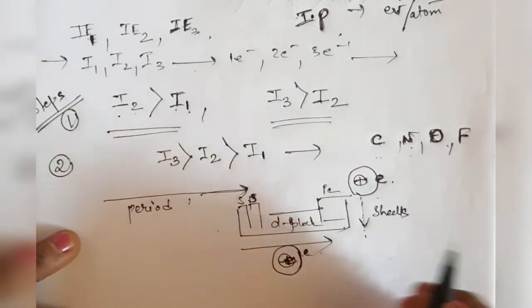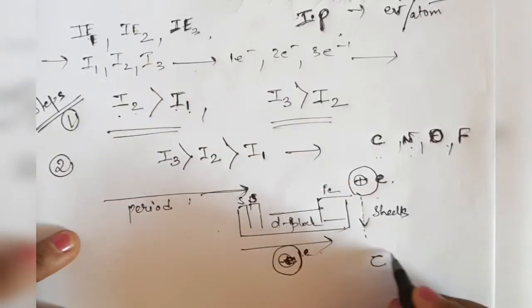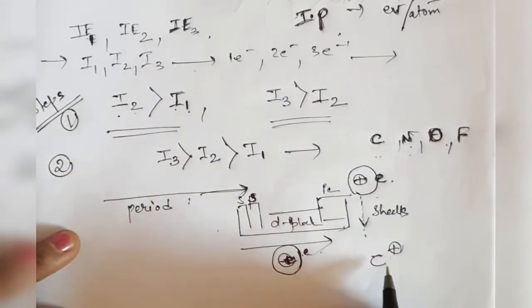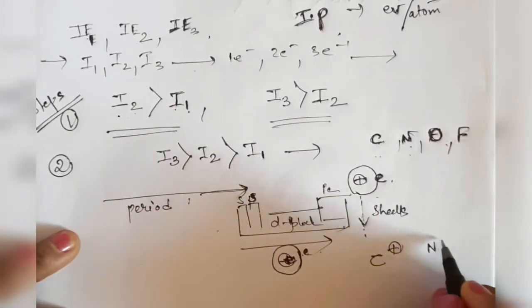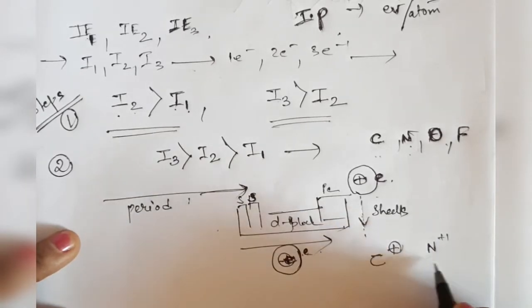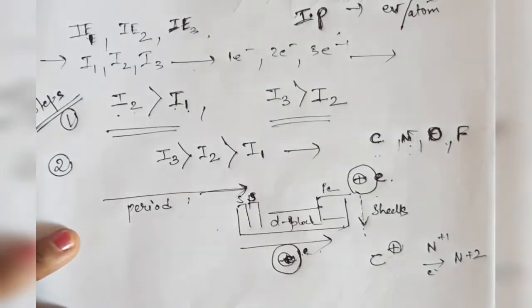First, when you remove one electron, it becomes positive. It becomes carbon plus, or you can say nitrogen plus 1. Then if you remove another electron from it, it becomes plus 2. Is it not that the nuclear charge is increasing?